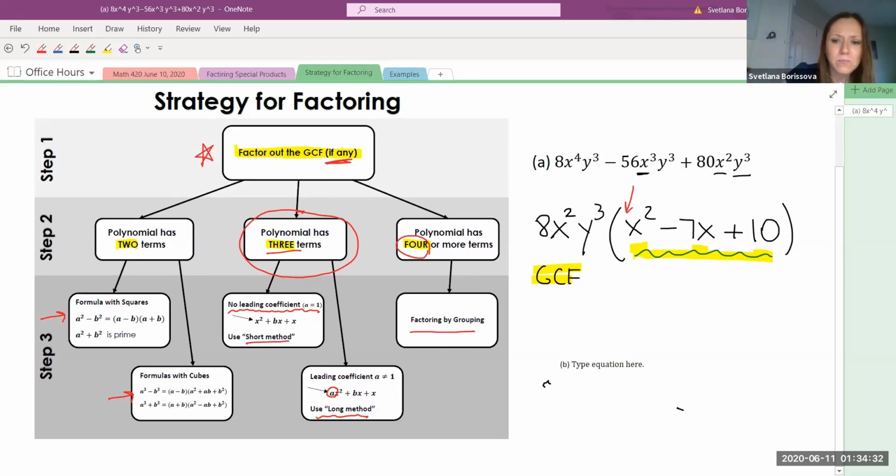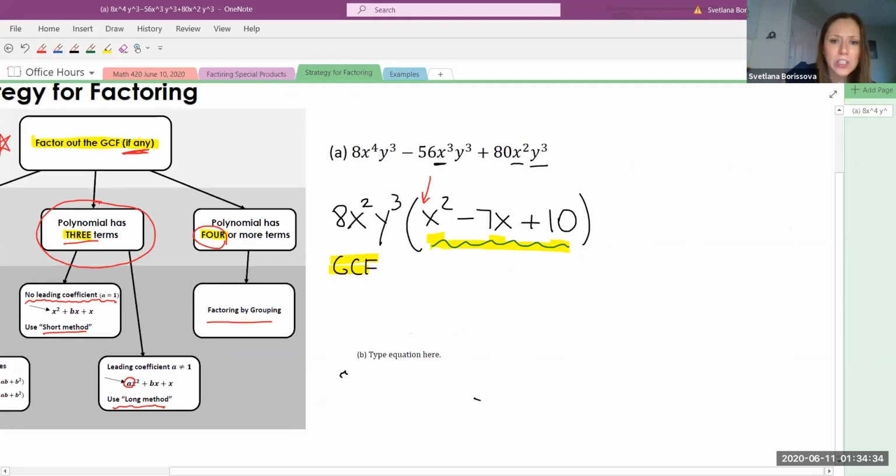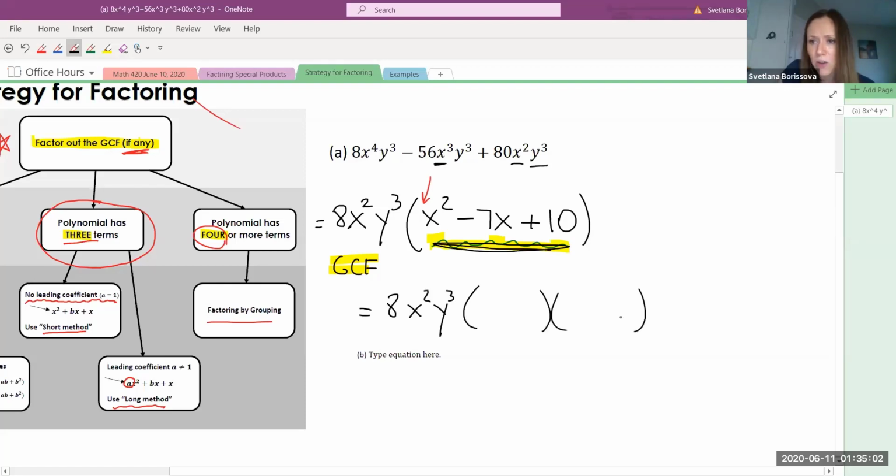Okay. Yeah, let's finish our expression. We said that it's going to be the short method. It means the following. I'm going to rewrite it. I'm going to put that GCF. It's still there. I'll have to move it from step to step. It's always there. But then since I'm using the short method for this trinomial, I already get to prepare 2 parentheses, because that's how the short method goes.